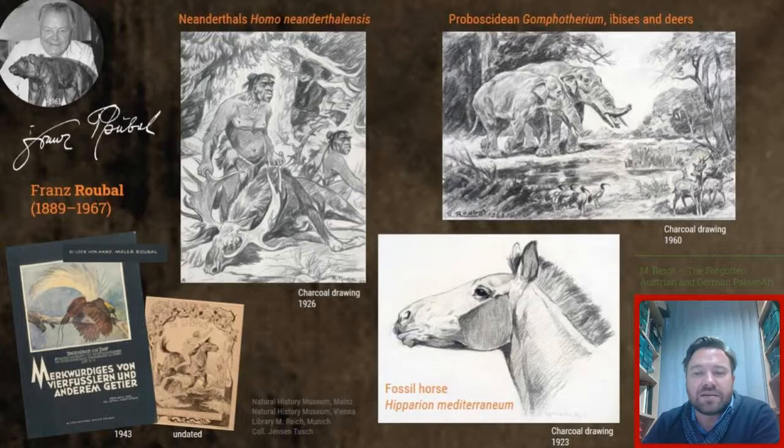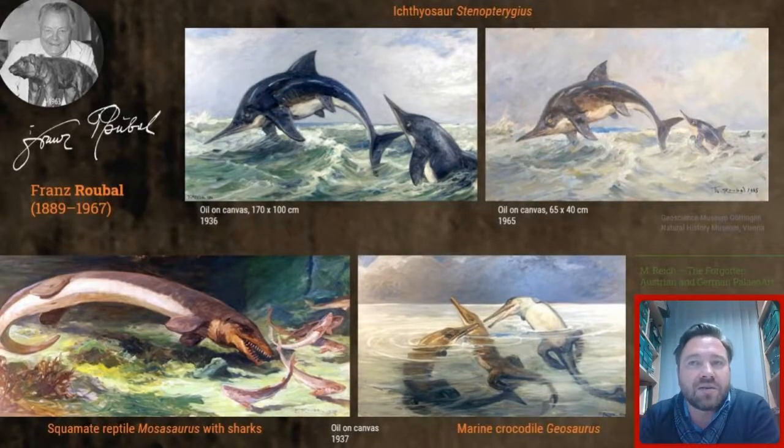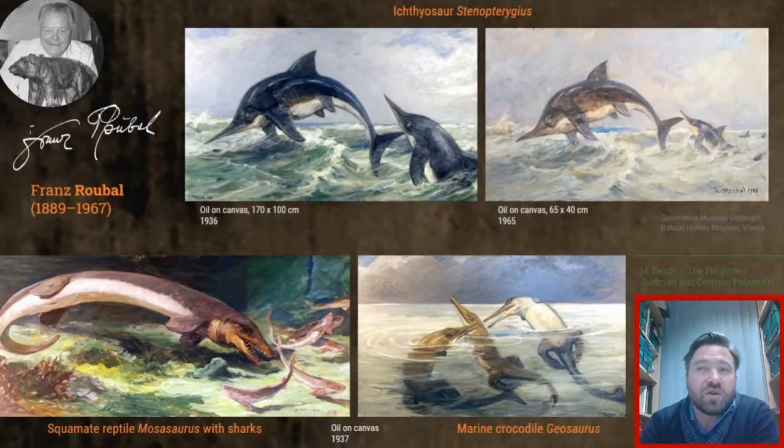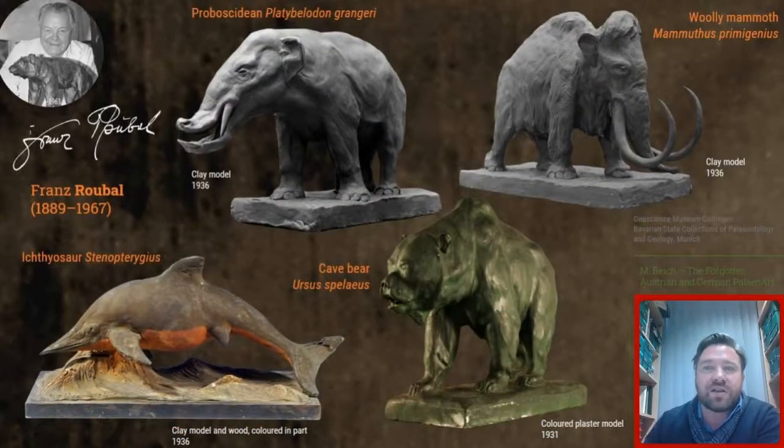And at least in 1921, he first met Othenio Abel, and a fruitful working relationship started. Under Abel's scientific mentorship, Rubal also produced a large amount of oil paintings, which are today, for instance, on display in Vienna and Göttingen or Mainz natural history museums, for which he is still famous. However, he also produced several series of sculptures, especially on Ice Age mammals and the evolution of proboscideans like the mammoth or other extinct elephants.